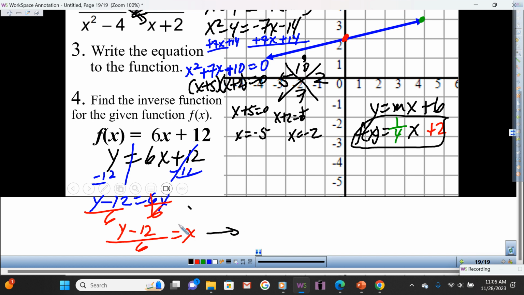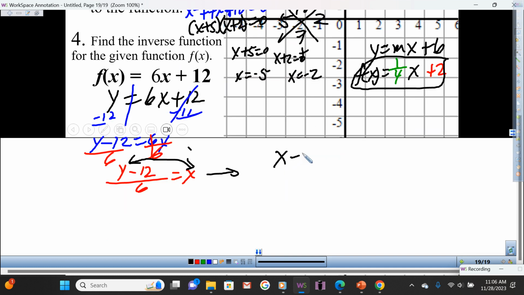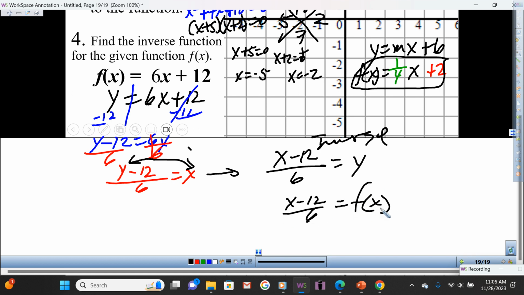No. The next step is to exchange the variables. So then we get x minus 12 over 6 equals y. This is the inverse, but we write it in function notation. X minus 12 over 6 equals f of x. And to indicate that it's the inverse, we put a little -1 above it like so.